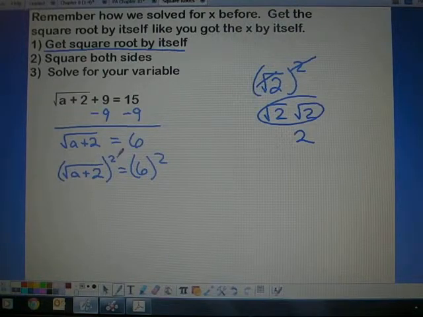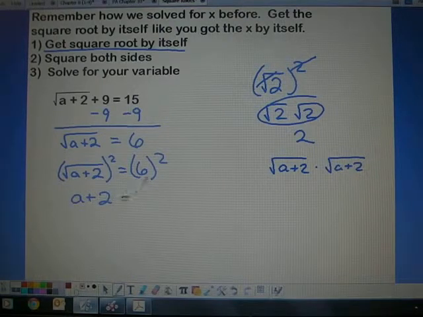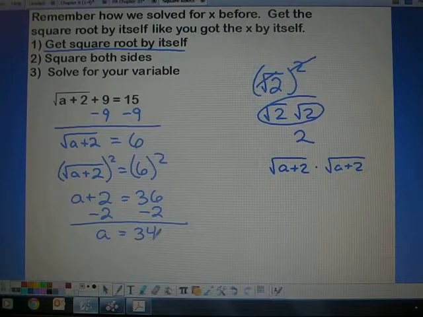Because I have a square root and a square, they cancel each other out, because what I have is a plus 2 times a plus 2, and it's a pair, so it gets to go outside the square root now. 6 squared is 36, and now that's more comfortable. That's something you've worked with before. A plus 2, I'm going to subtract 2 from both sides, and I get a equals 34.